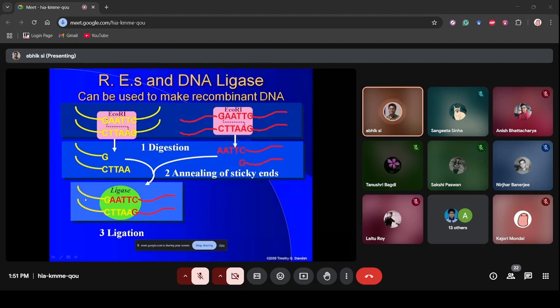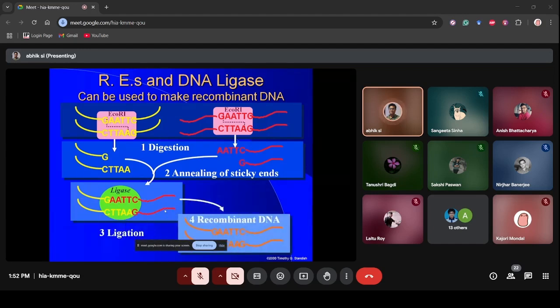One is obtained from your DNA, another is obtained from the bacterial DNA, and this single DNA molecule has both characters: this is one sequence from you, this is another sequence from the bacteria. So both characters are present in a single DNA molecule, which is known as recombinant DNA, containing both your character and the bacteria's character.